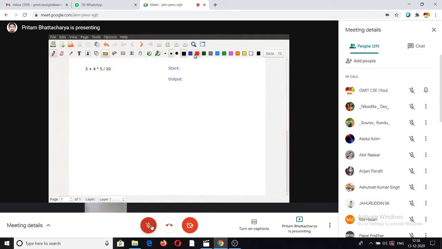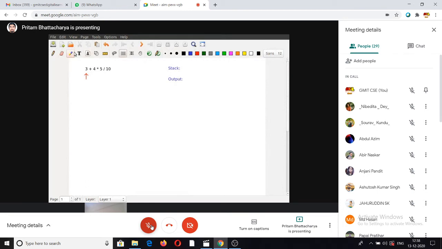So with my arrow pointing at the beginning of the input, the stack is empty, and the output is also empty. As I scan from left to right, both of these will change at every step. Initially, what I am pointing at is an operand.